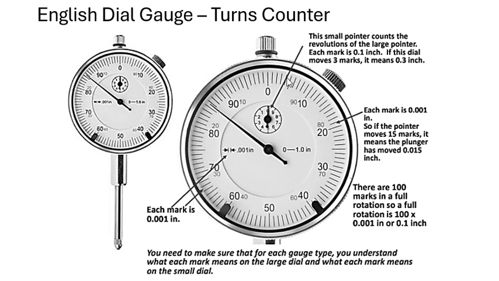For the larger dial, the smallest marking is 0.001. So if the pointer moves about 15 marks, you know it has moved 0.015 inch.